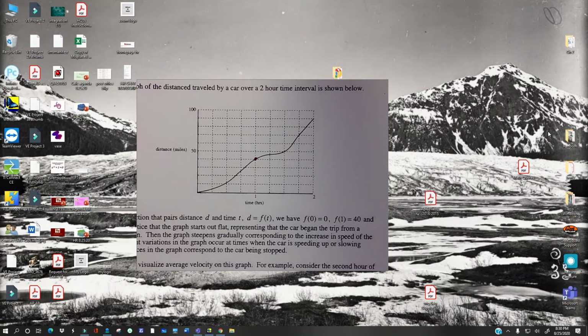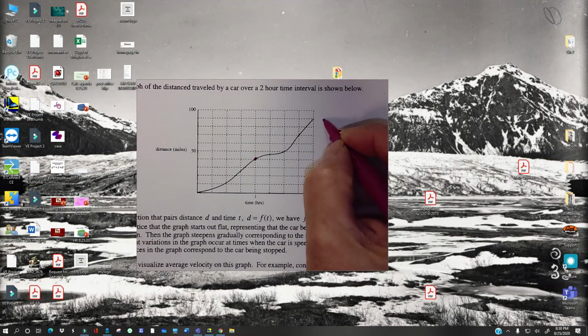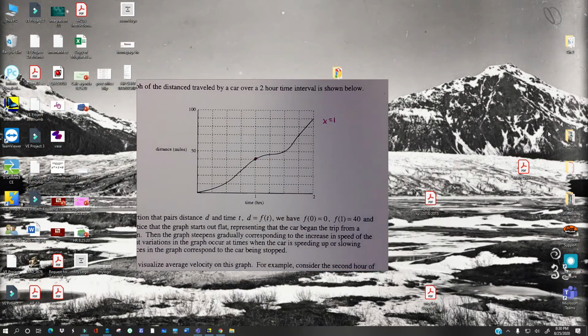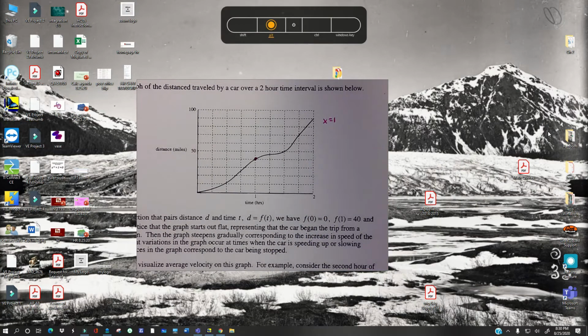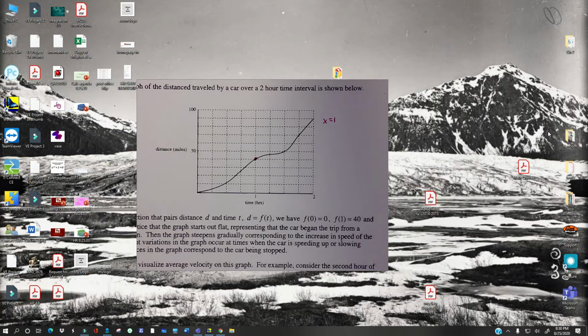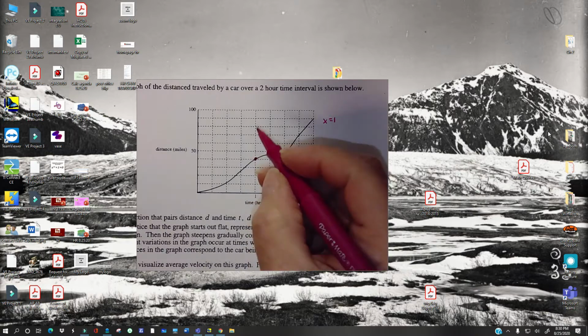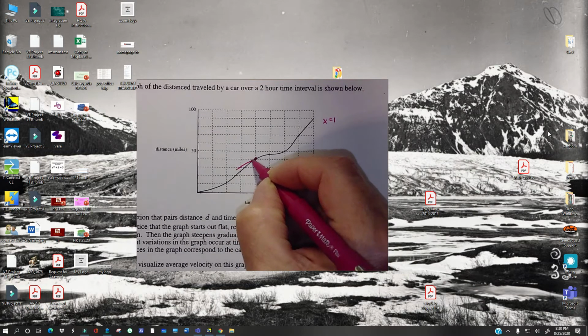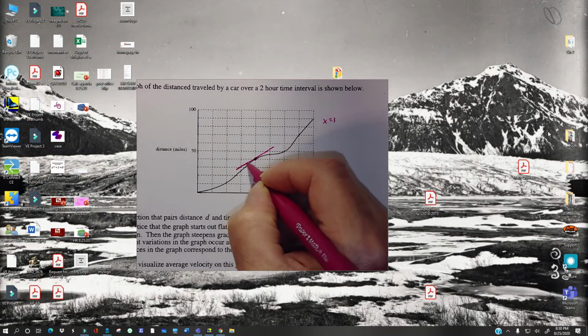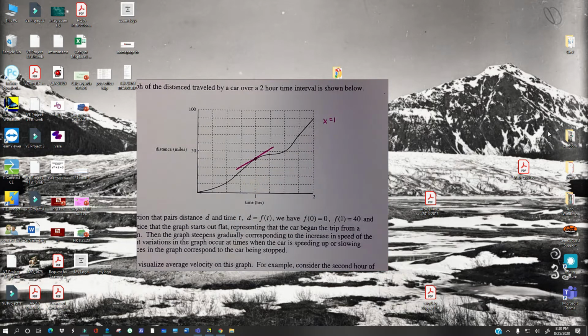Well, number one, I don't have an interval anymore. I have a point, right? I have the point when x is equal to 1. I don't have an interval. I'm not going from 0 to 1 or 1 to 2 or 0 to 2, anything like that. It's just a point. And so the only line that passes through a single point that we know of is the tangent line, like so, right? So this is a tangent line passing through that point.